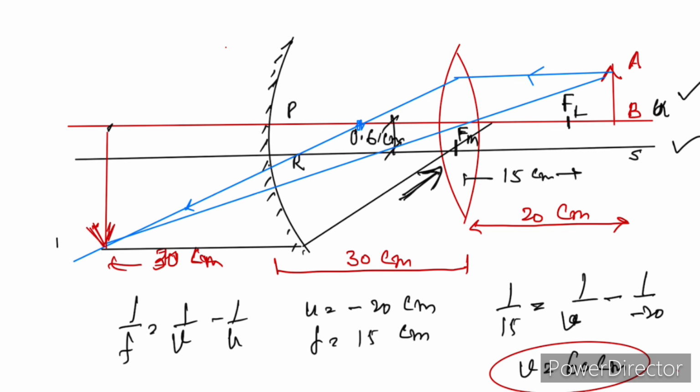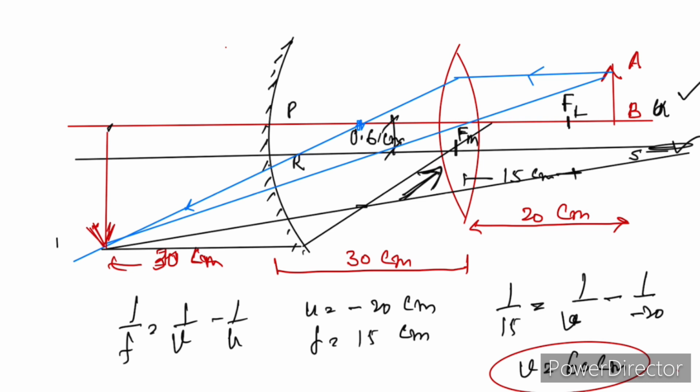So 30 centimeter is the focal length of the mirror. So curvature will be somewhere like this here, and let us see if we take from the curvature. So this point is coming like this.